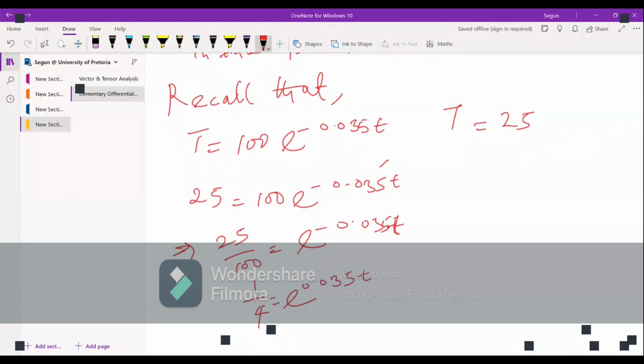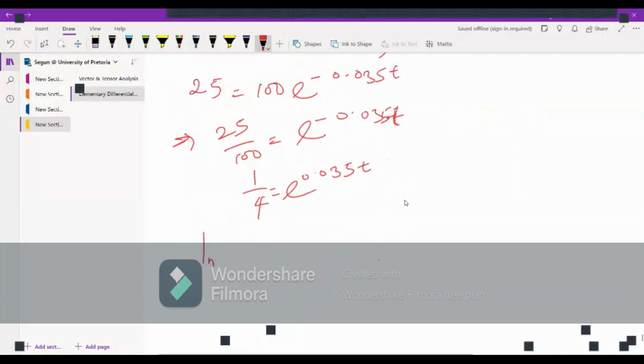So we use the same method we used earlier. Take the ln of both sides, because ln is the only thing that we can use against exponential, or exponential is the only thing we can use against ln. So ln of 1/4 equals ln exponential minus 0.035t. So at the end of the day, we are very close to the answer.